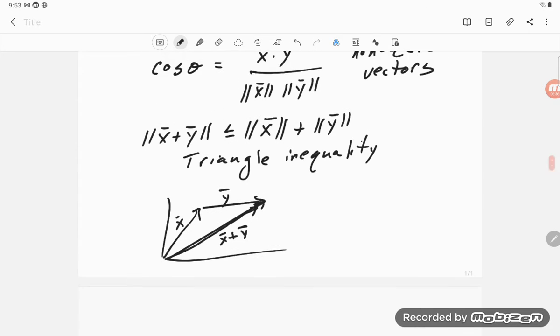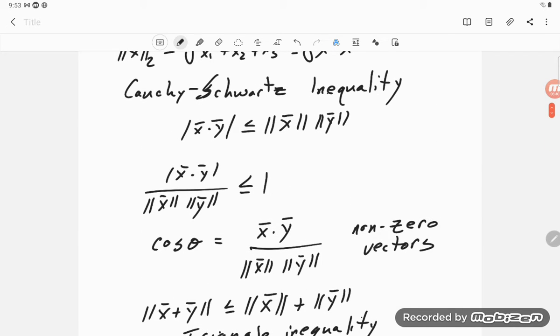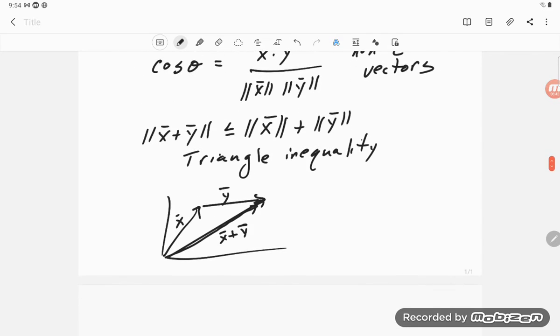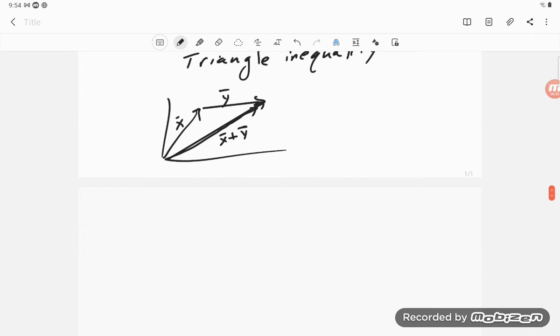And actually, if you have the Cauchy-Schwarz, then I think the triangle inequality is usually pretty straightforward. I guess if we start, let's see if I can do that off the top of my head.